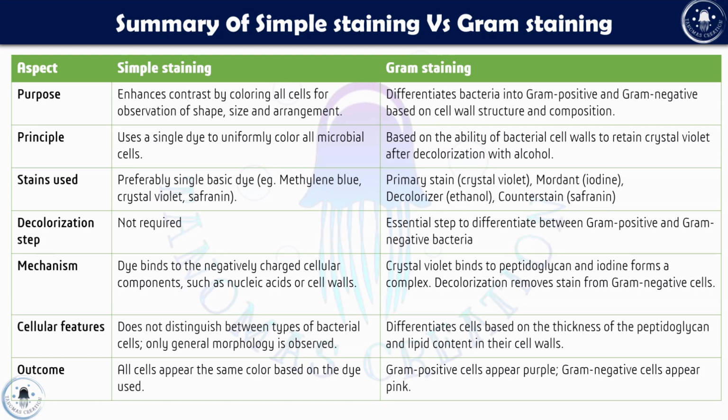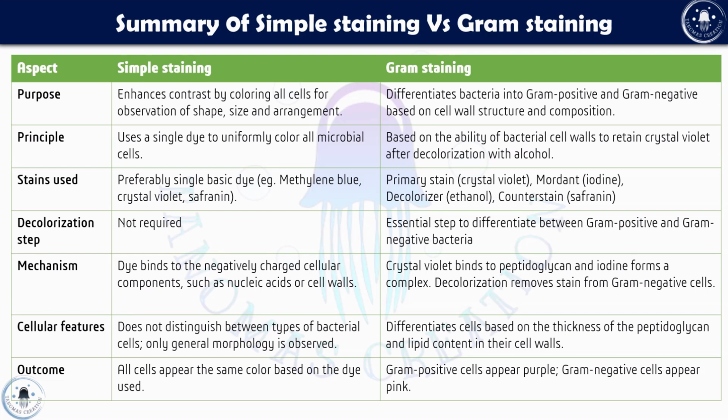Now coming to the cellular features. Simple staining does not distinguish between types of bacterial cells. It will just do the morphological analysis; only general morphology is observed. It will not differentiate the types of bacteria. However, gram staining will differentiate the cells based on the thickness of the peptidoglycan and lipid content in their cell walls.